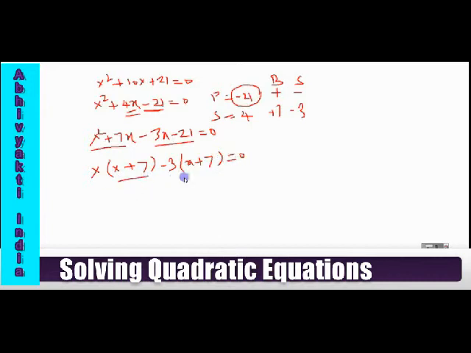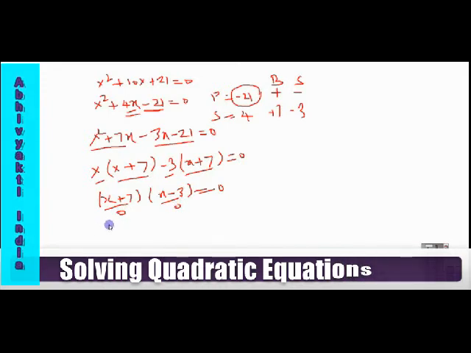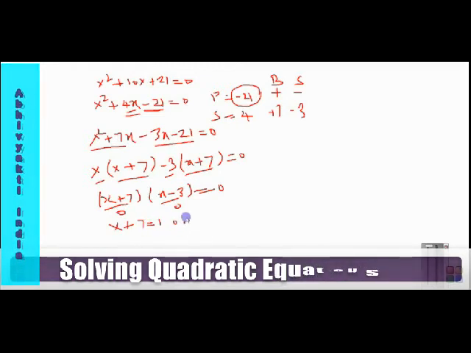Again here x plus 7 is a common factor. So x plus 7 into another bracket, x minus 3, is equal to 0. Now the product of these two brackets is 0. It means either this bracket should be 0 or this bracket should be 0, and therefore equating them to 0, x plus 7 is equal to 0 or x minus 3 is equal to 0.